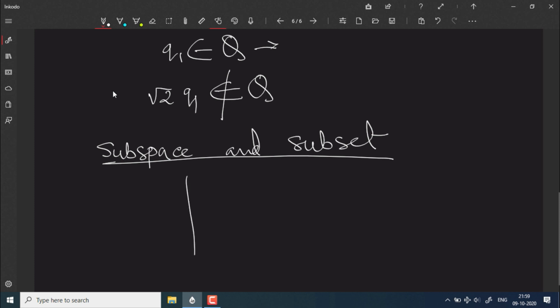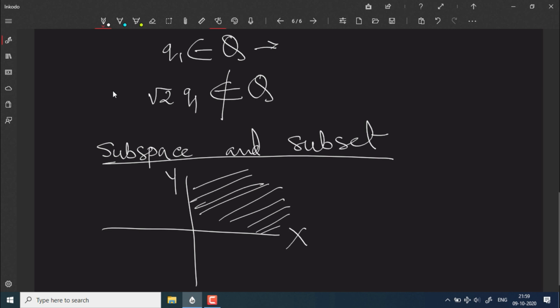Let us take this xy plane. This xy plane forms a vector space over the field R, like this two-dimensional vector space.